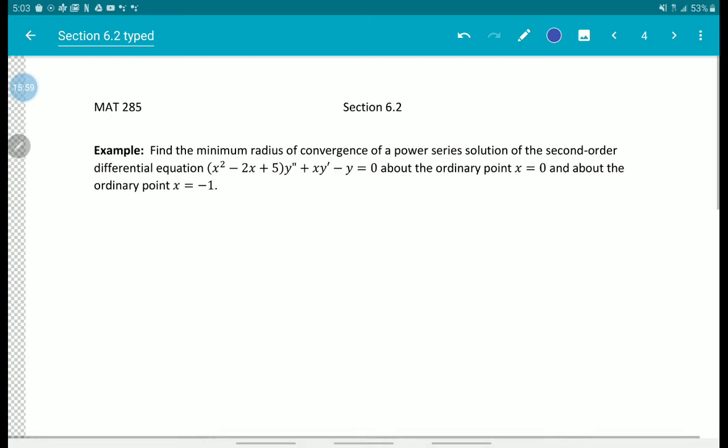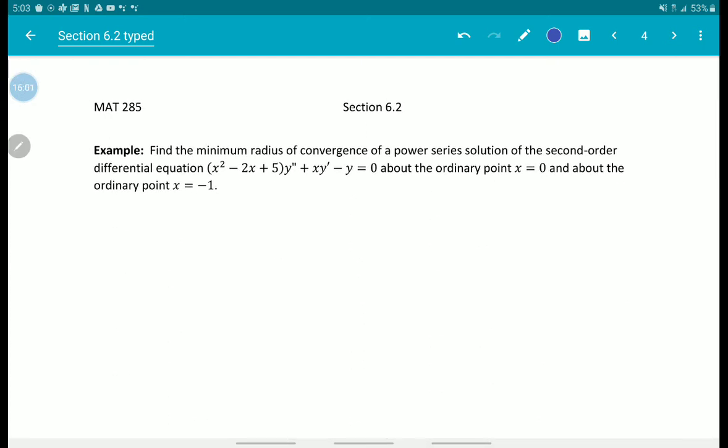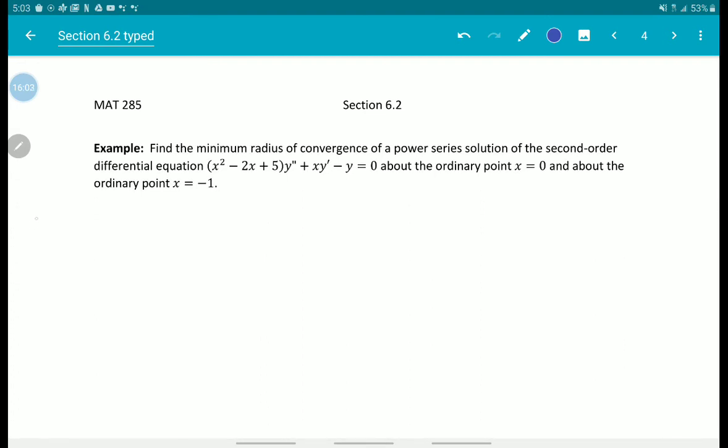So we need to find singular points first. So we're going to set that equal to 0. That's our a2 of x. If we were to put this in proper form, we would have to divide by that, so that would be in the denominator. That's why we're setting it equal to 0. To solve this, we're going to have to use the quadratic formula.